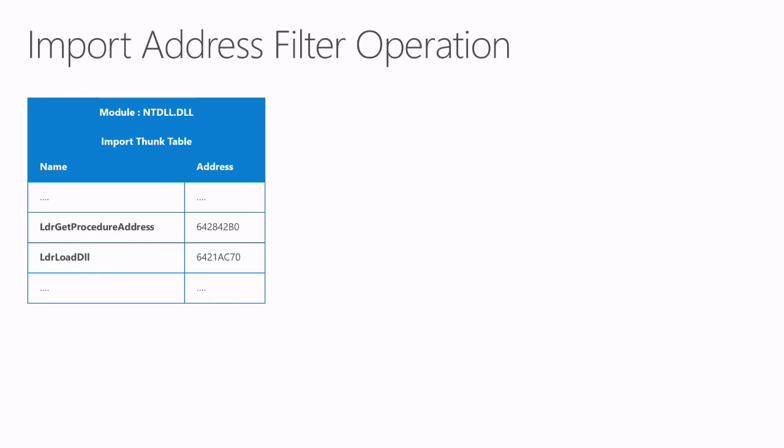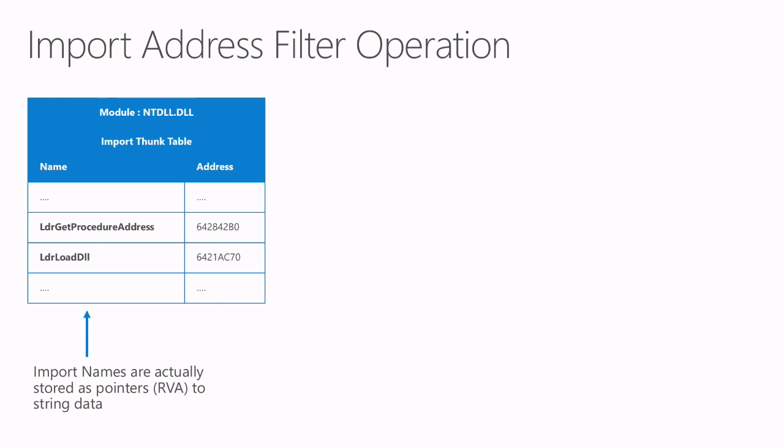I simplified things a little bit for the diagram here. The way it's actually implemented, if you look at the PE spec and the format, is that the strings for the API names are not directly in one table. There's actually a set of pointers, or relative virtual addresses, in the binary that point to the string data. So for all of the APIs that you need from NTDLL, there'll be different pointers to each of these strings.